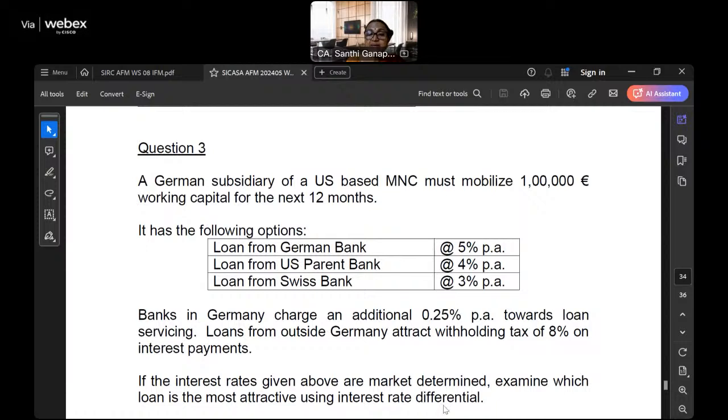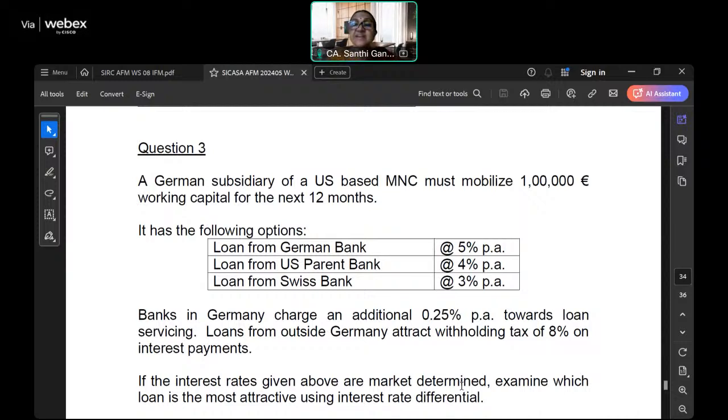Can we simply compare 5%, 4%, 3% and say that loan from Swiss bank is the cheapest? We can't do that because other things are there. And the exchange rate will also move. If interest rates given above are market determined, examine which loan is most attractive using interest rate differential.